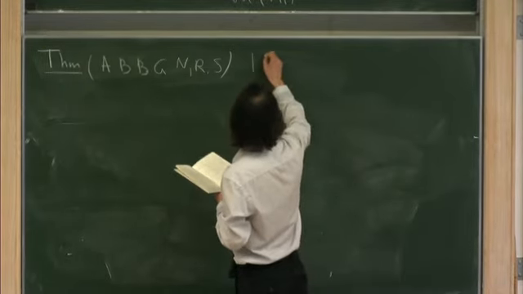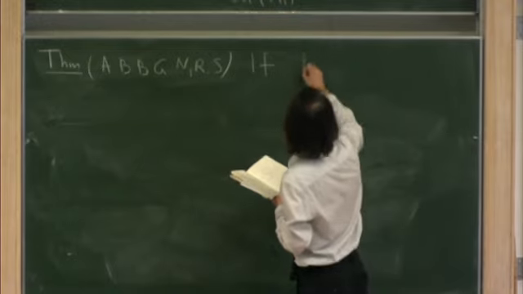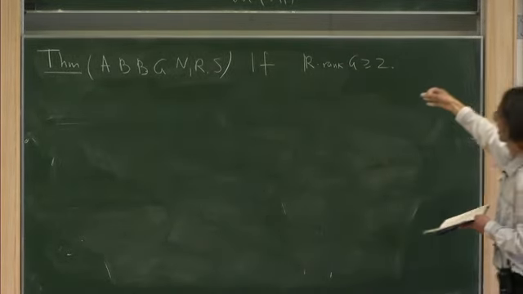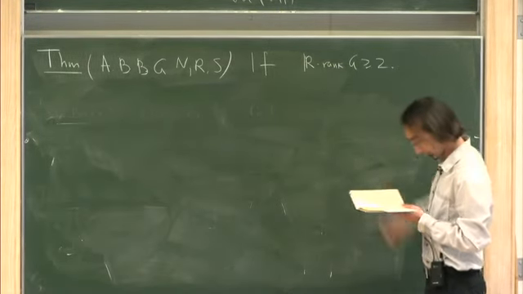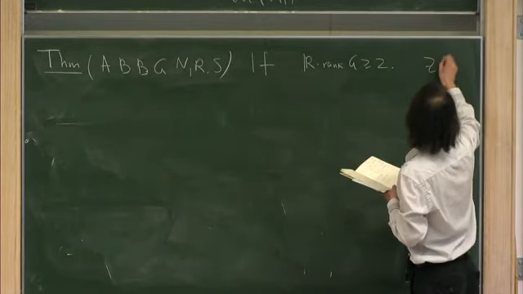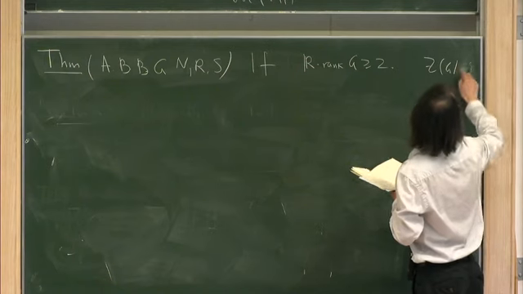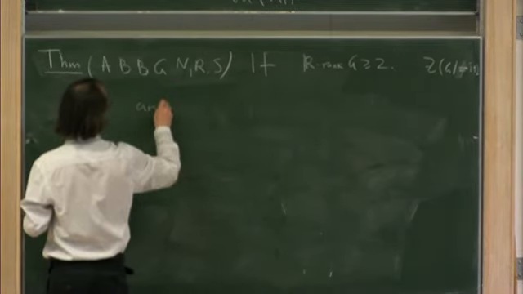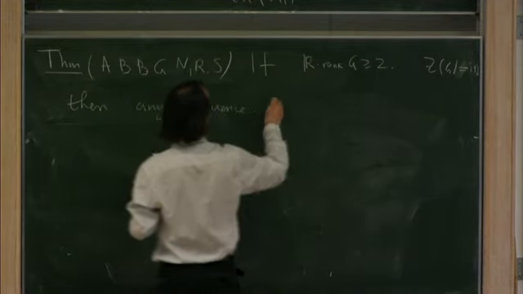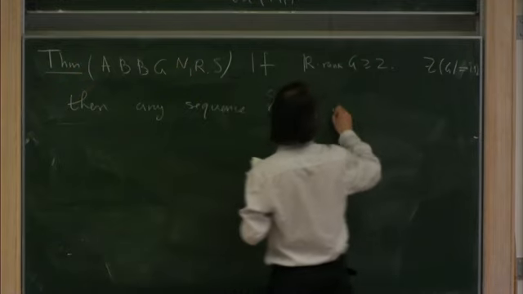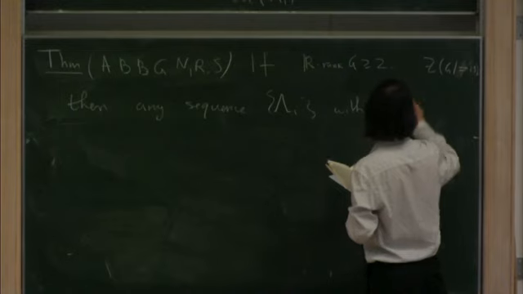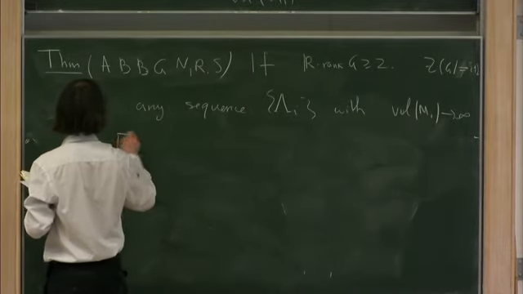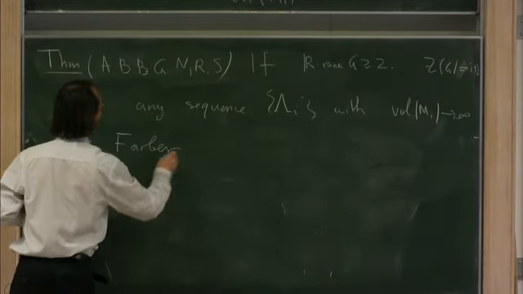Here's what the theorem says: if the real rank of G is at least 2, this is commonly referred to as the case of a simple Lie group of higher rank, and the center is trivial, then any sequence Lambda_i with increasing covolume, so the volume of these M_i tending to infinity, is actually Farber.